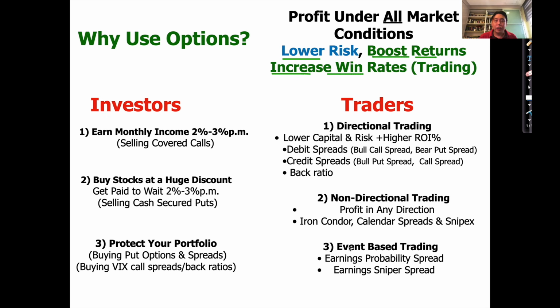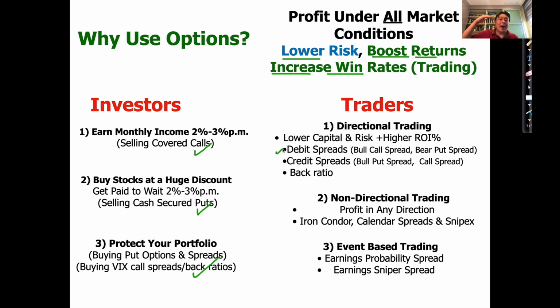So certain strategies would include the earnings probability spread, where we use this to trade on earnings when companies announce earnings, and the earnings sniper spread. And again, some of them will be covered in the level 1 options course, and debit spreads in the level 1 course, options Iron Shell.